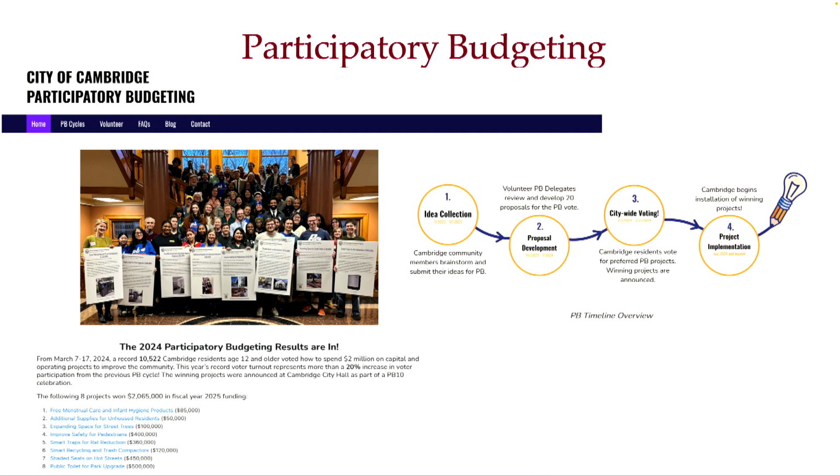The whole PB process is actually this, but we mainly focus on this third part. The participatory budgeting community that is doing this computational research focuses on this part. Proposal development, idea collection, all this we do not care about, there we do not have computational questions.